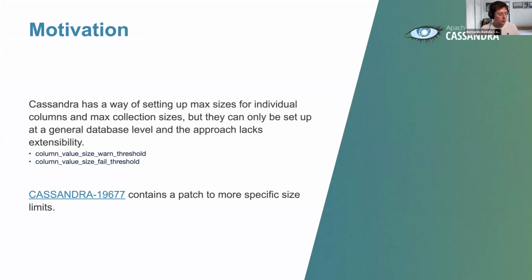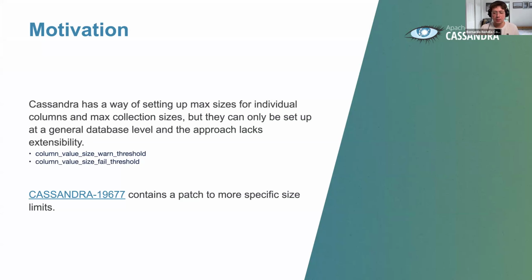All right, so why a constraints framework on Cassandra? The idea came from the fact that we have some customers that abuse the database and just store large data blobs on rows, and that causes a bunch of issues at reading time, for operators, and for database stability.